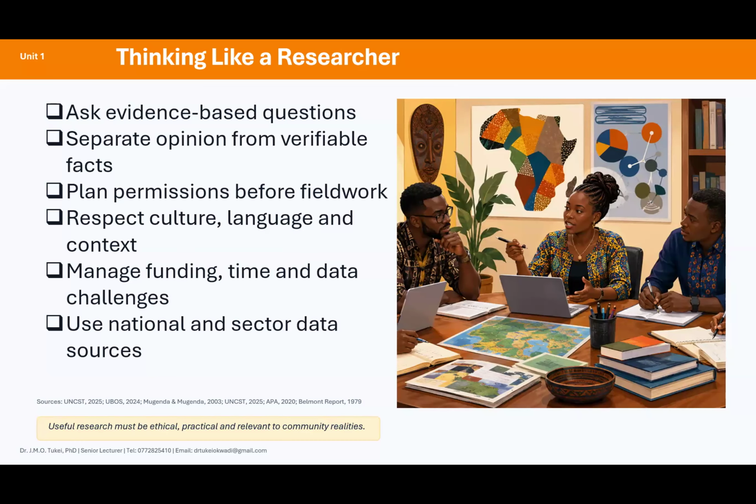It requires intellectual humility, the willingness to discover, yes, make sure you discover that our original belief may be incomplete or wrong.